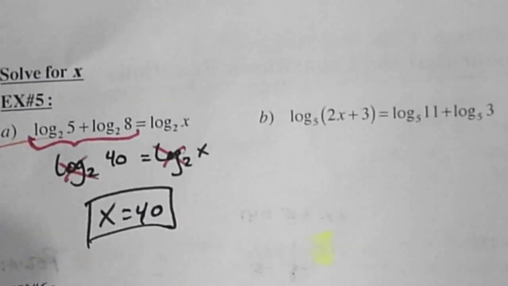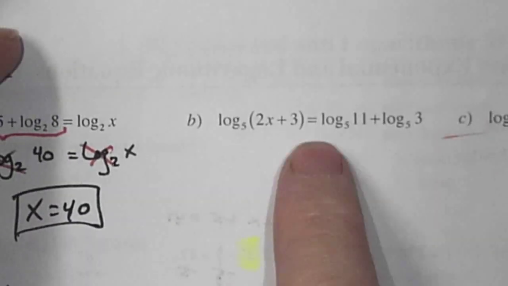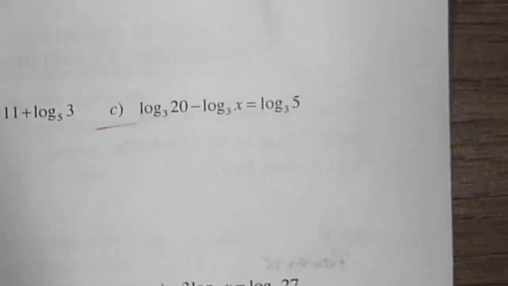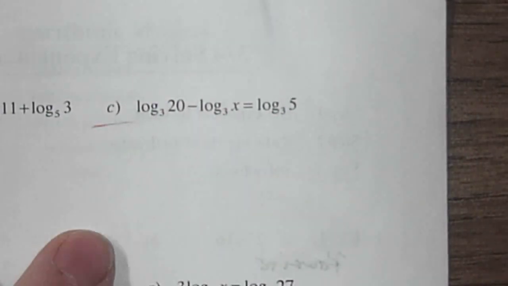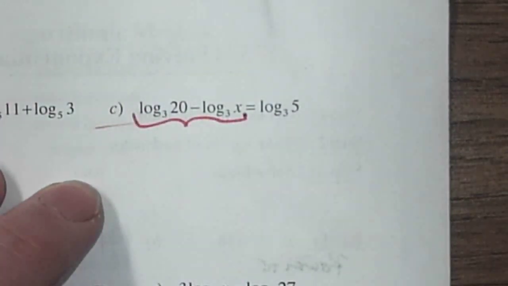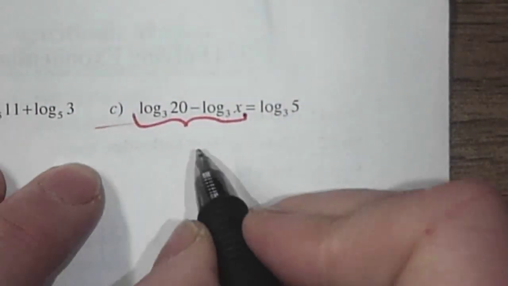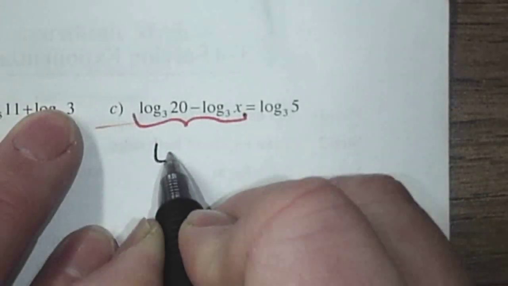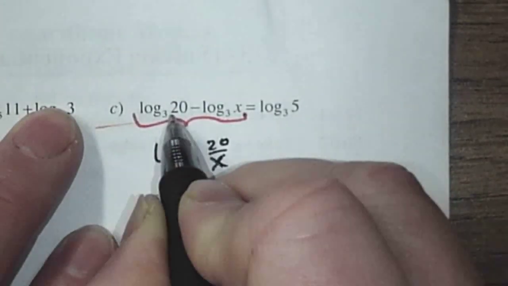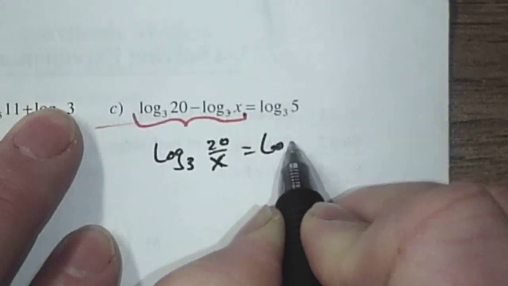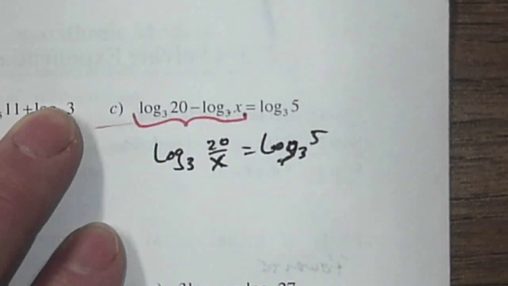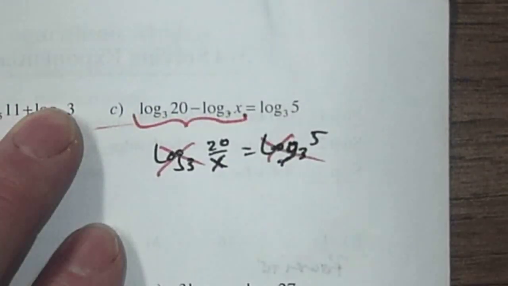And okay, this one will be the same. Just condense those 2 things, get it together, and then solve. Let's do this one because it has a minus. 3 different logs, so we got to condense something to get it down to 1 on each side. Minus means division, so log base 3 of 20 over x, divide that, equals log base 3 of 5. 1 log on each side.